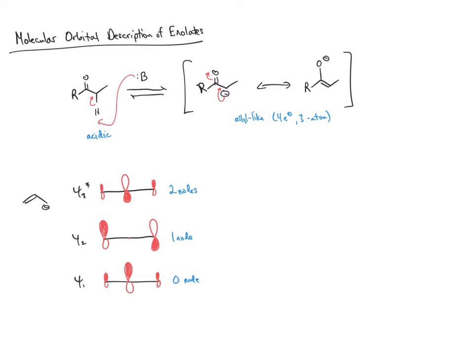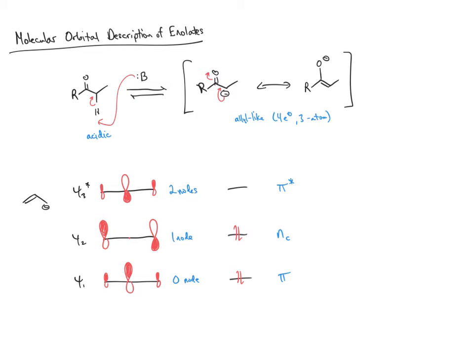If we were to talk about the number of electrons in these orbitals, we have 2 electrons in psi1, 2 electrons in psi2, and no electrons in psi3 star. And we say that these orbitals are the pi, the non-bonding pair of electrons on carbon, and the pi star.